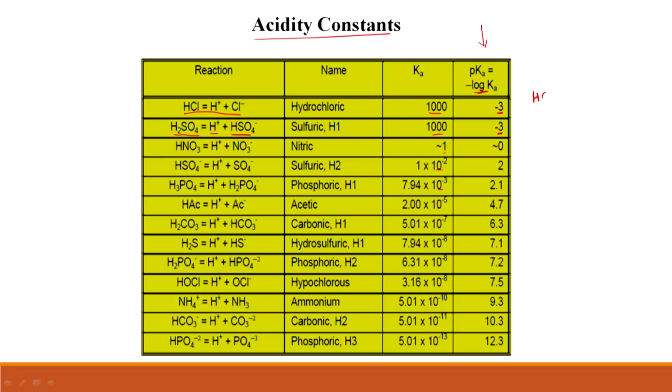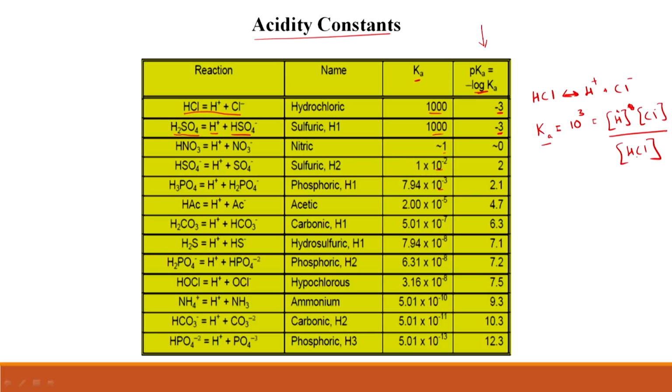What does this mean? We see that HCl can dissociate into H plus and Cl minus. When I say that Ka is equal to 10 to the power 3, what is K? It is the equilibrium constant, which is H plus and Cl minus, the products, divided by HCl.